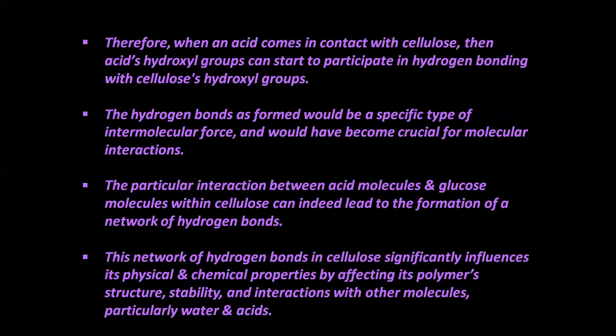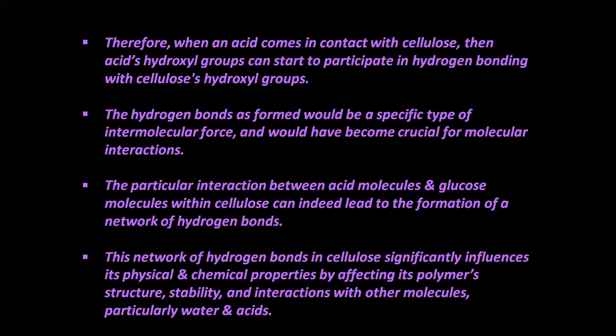Therefore, when an acid comes in contact with cellulose, the acid's hydroxyl groups can start to participate in hydrogen bonding with cellulose's hydroxyl groups. The hydrogen bonds formed are a specific type of intermolecular force and are crucial for molecular interactions.